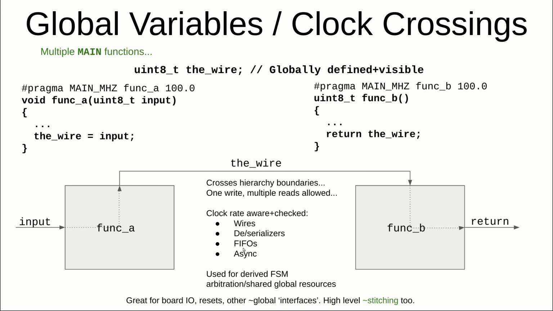Also for regular FIFOs, async FIFOs, you can mark paths as being async, like don't do anything special, ignore that this is a clock crossing between two arbitrary clock domains. I also note here that it's used for derived finite state machines. So on the next slide we'll get to talk about it.